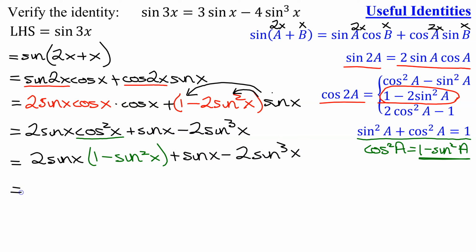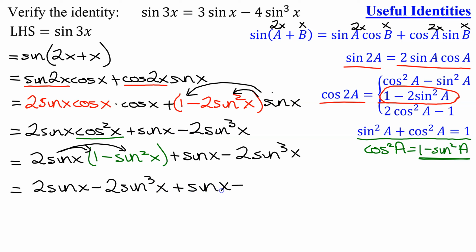Now simplifying, I need to distribute in the 2 sine x into my parentheses. 2 sine x times 1 is 2 times sine x. 2 sine x times negative sine squared x is negative 2 sine cubed x plus sine x minus 2 sine cubed x.